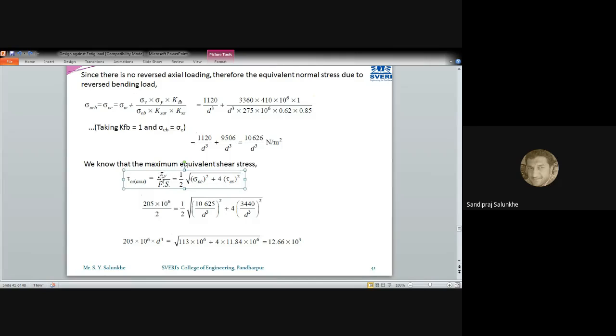The yield shear stress we have calculated is 205 into 10 raised to 6 divided by 2, equal to 1 over factor of safety into under root of 10,625 divided by d cube square plus 4 into tau value, that is 3,440 divided by d cube square. If you solve it, you will get the value of D equal to 12.66 into 10 raised to 3.